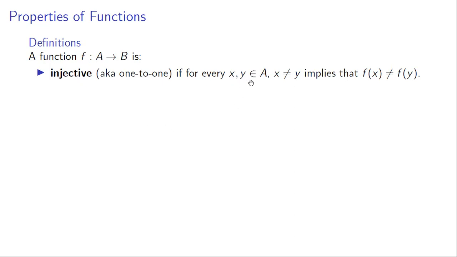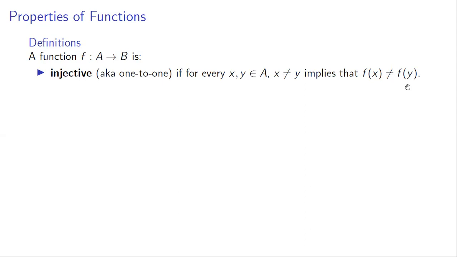If I have two different elements of A, of the domain, meaning that they're not equal to each other, so they're two different elements, then the outputs are going to be different. So if I have two different inputs, I have to have different outputs. They cannot go to the same output. Anyways, if I have a function with this property, then we say that the function is injective.